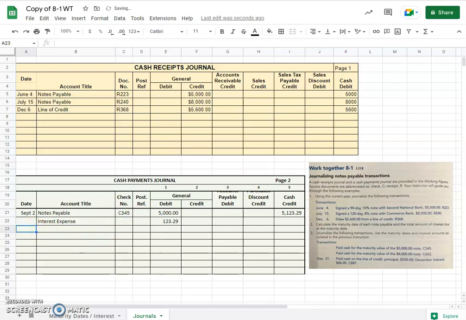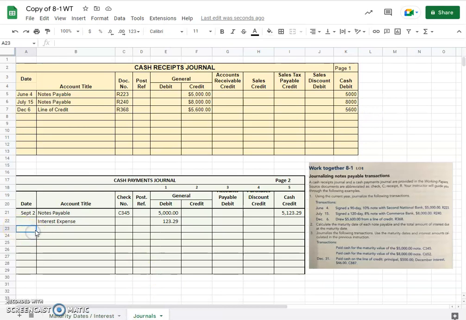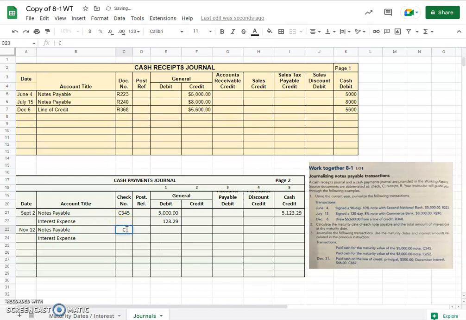Right, what's our next note? The July the 15th note. And it was November the 12th is the date. So we'll go November 12th, notes payable, and interest expense. Check number 652.